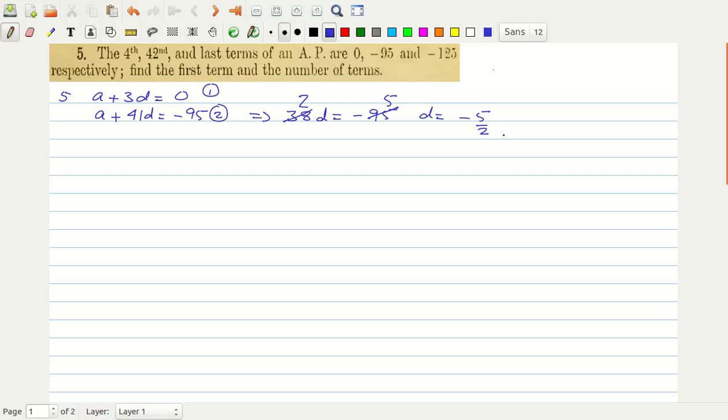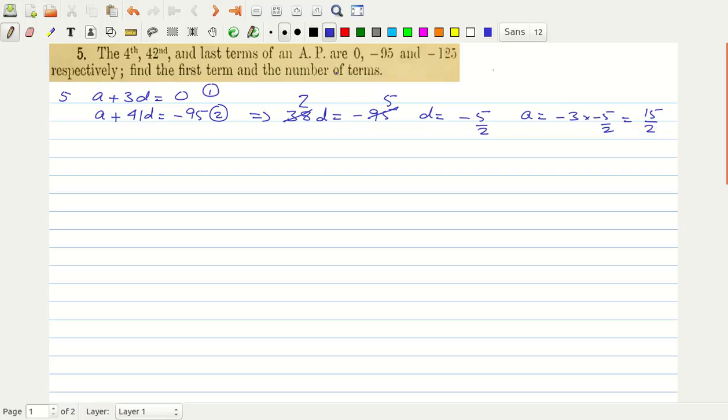If d is equal to minus 5 by 2, a is equal to minus 3d from equation number 1. So this implies that a is equal to minus 3d. So minus 3 times minus 5 by 2 is equal to 15 by 2, right.